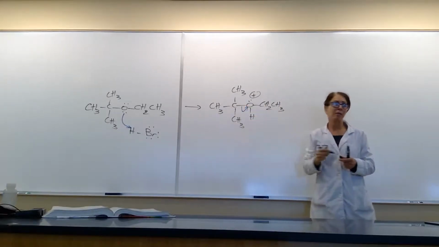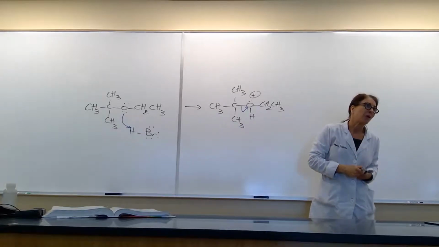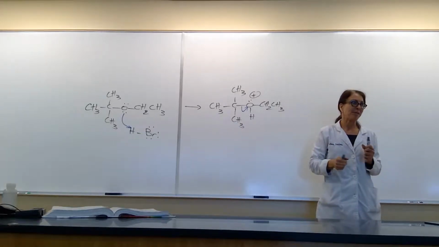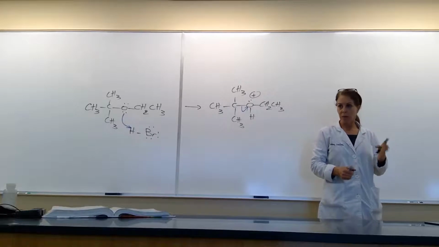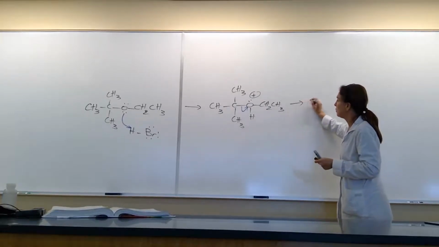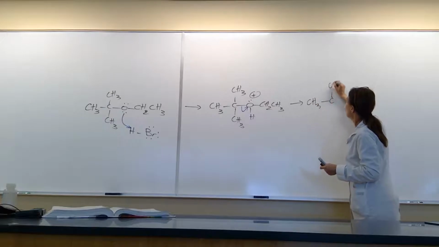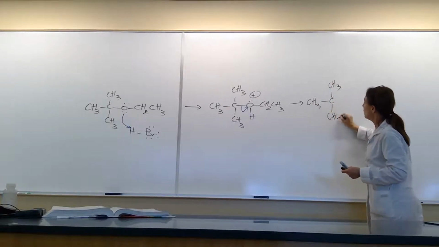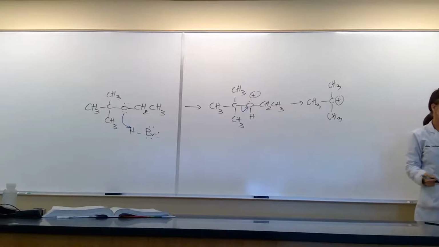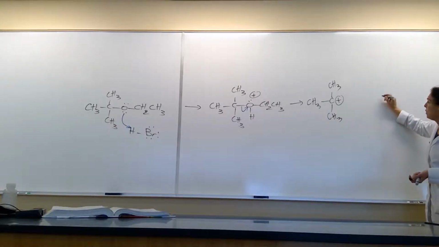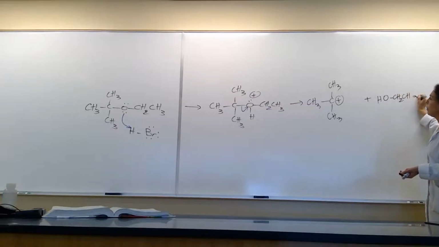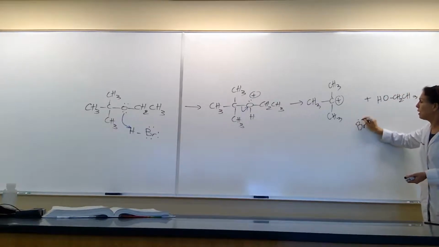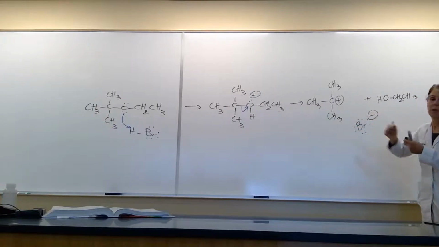Why will this break? Tertiary carbocation. So that was my mistake. So if you're going to get a tertiary, the carbocation always forms, ether or alcohol. So you have to form the carbocation first. So this definitely forms. And then you're going to end up with the alcohol on the other side. And now at this point, the bromide will add.